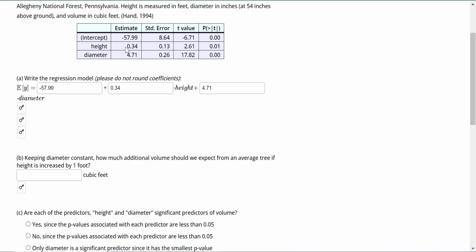And that amount is the average, or what we expect to increase. It's not a perfect number. In this case, we have to say that diameter has to stay a constant number. And then when we increase height, the value that we get, which is 0.34, is the amount that we expect the volume to increase. So that would be exactly 0.34.